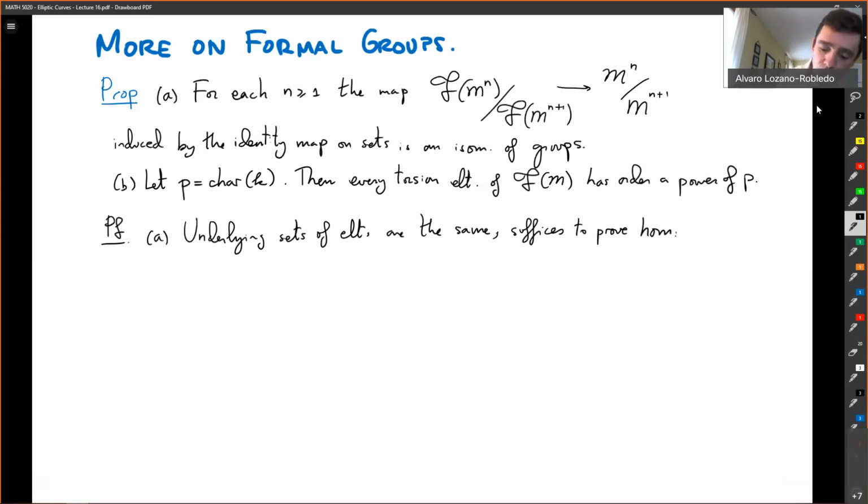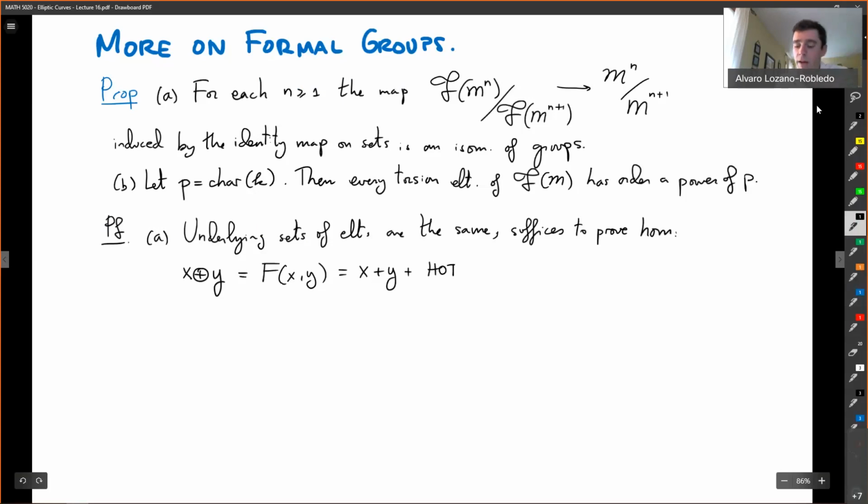But when I do addition on the formal group, the addition on the formal group is just given by the power series evaluated at x and y. Okay, and the power series starts as x plus y plus higher order terms.